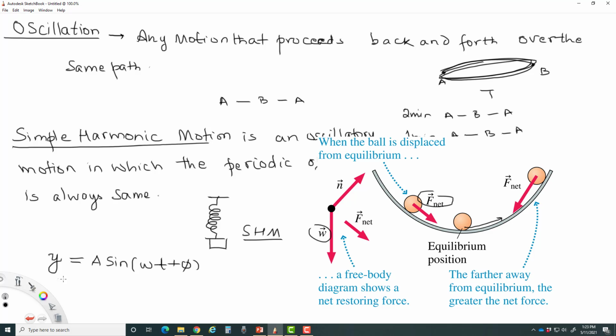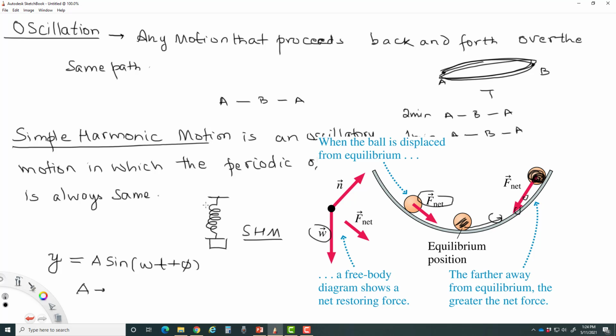So here this y is the displacement of the object from its equilibrium. So this y gives us the displacement at some time t. Okay, let's say you want to find where this object is at 2 seconds, whether it's here or here or here. That's given by this equation. And in this equation, this A is the maximum displacement, the farthest it can go. So this is the amplitude.